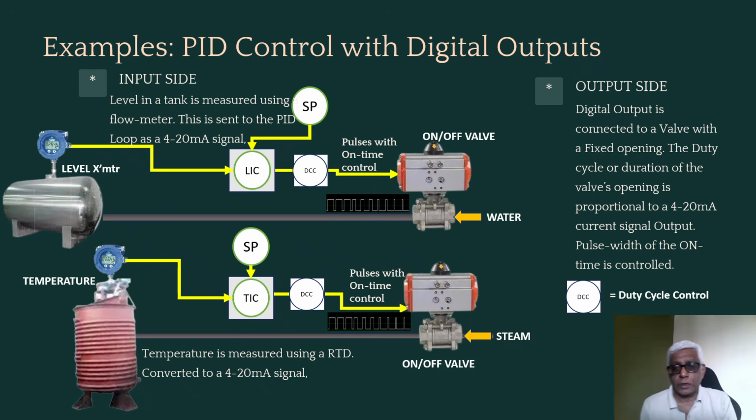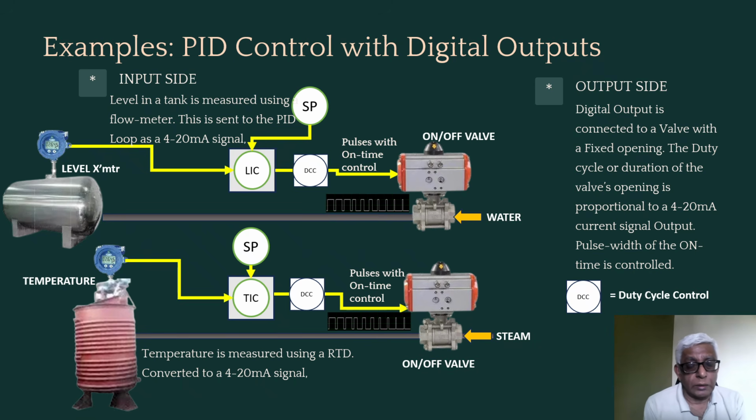Okay, now we take a look at duty cycle control itself with a PID loop. In the upper diagram, you see a tank in which the level is measured using a level transmitter. And this is being filled with water through an on-off valve. Now this is not a control valve. This valve will either be fully open or fully closed. Alright.